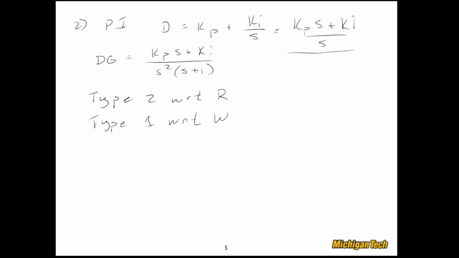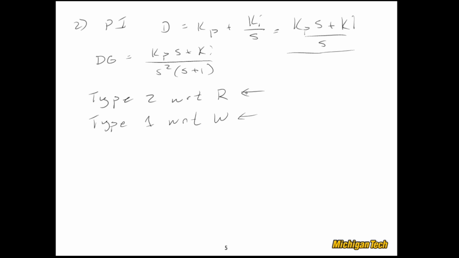So the act of the integrator increased the type of the system. Now I can hit it with a step in the disturbance input, and I'll have 0 steady state error. I hit it with a ramp, and I'll have constant steady state error.